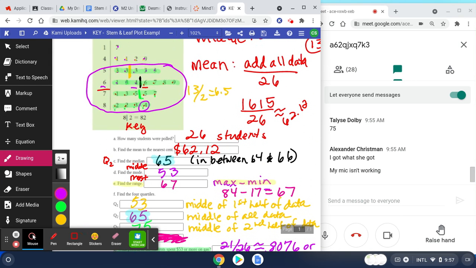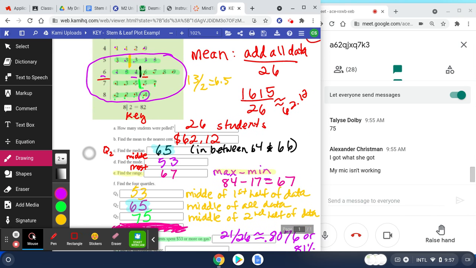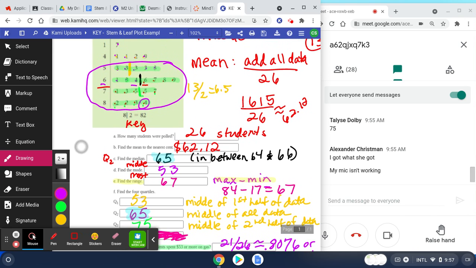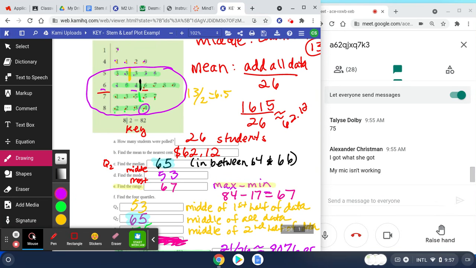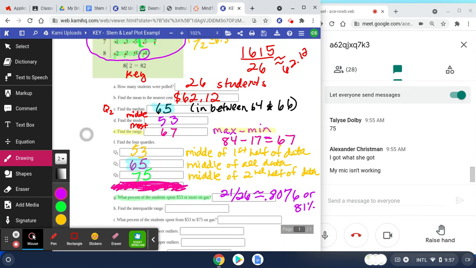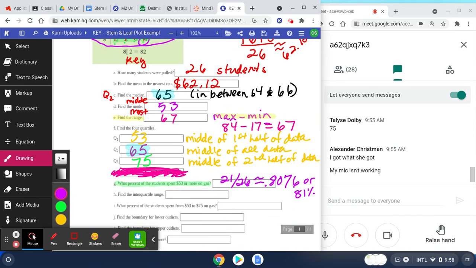I went up and looked at how many people spent 53, and then more than that, we counted it, 21. So just like we originally counted the data, we're only counting the numbers on the right. I got 21 out of the total of 26 spent more than 53. And so that's 81% of our data. Any questions on this one, you guys?